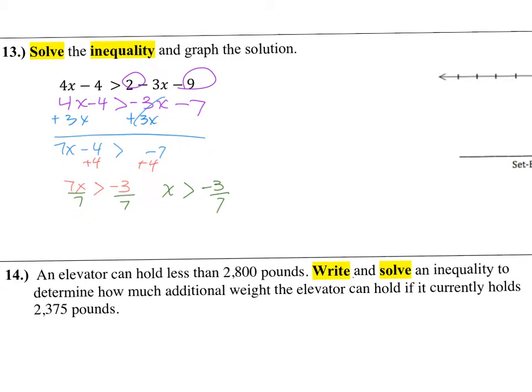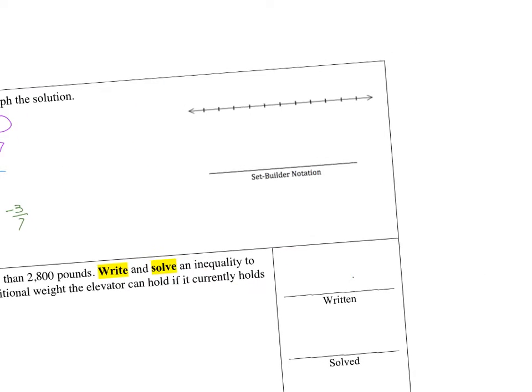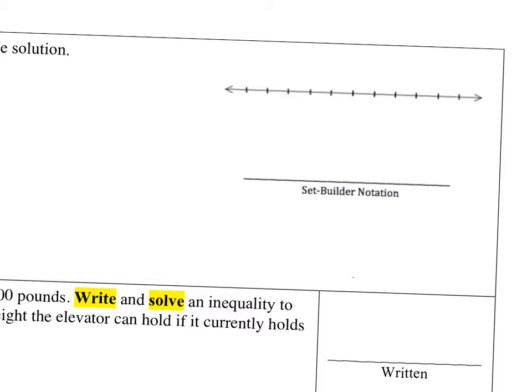I apologize. X is greater than negative 3/7. So if this is 0 and this is negative 3/7, we know that if we counted in terms of sevens, we'd be like 1/7, 2/7, 3/7, 4, 5, 6, 7. Negative 3/7 would be here.